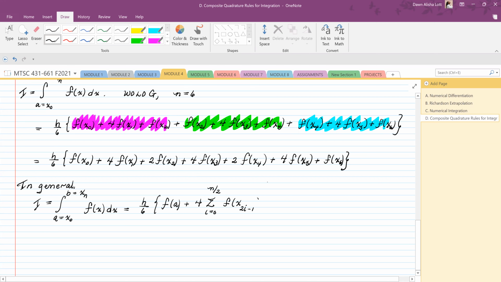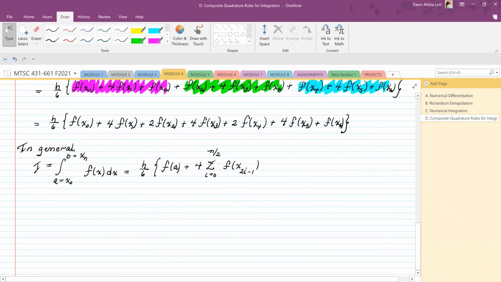So that's all the odd ones. So 4 times everything that's odd, plus 2 times the sum, i equals 1 to n over 2 minus 1, of f at x sub 2i. So that's all the even ones, plus f at b.